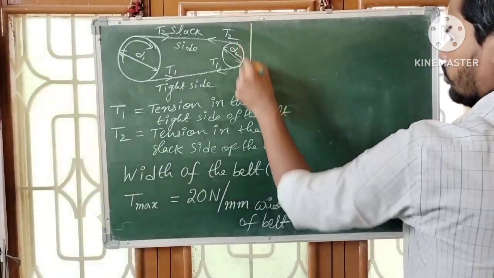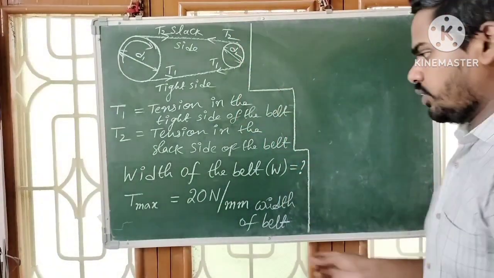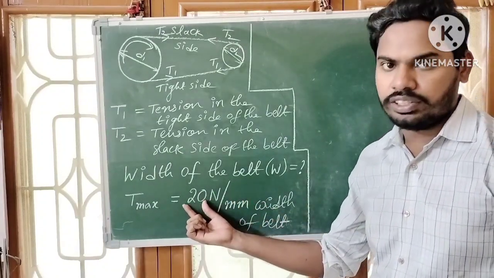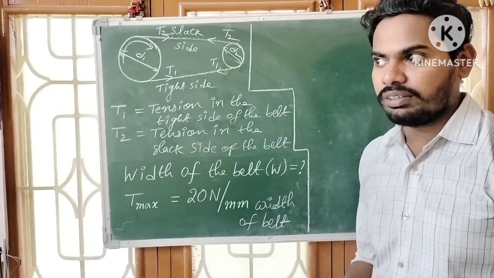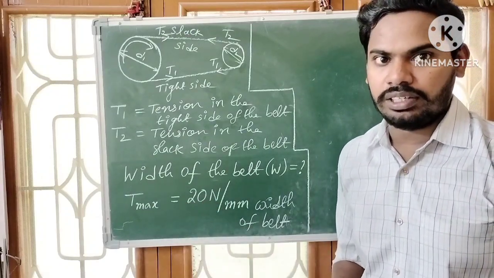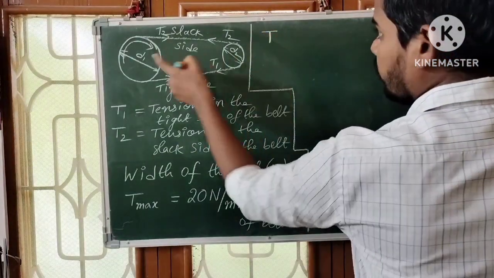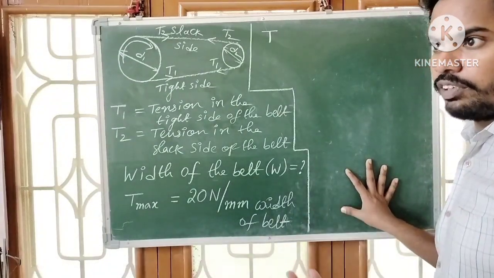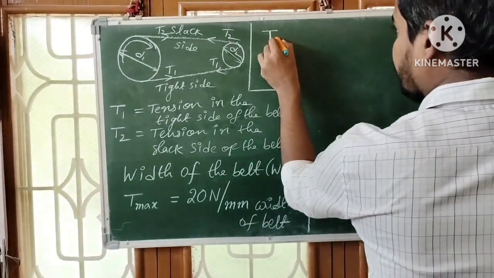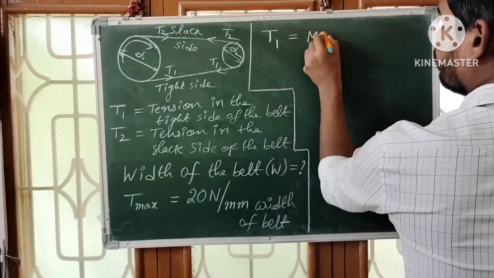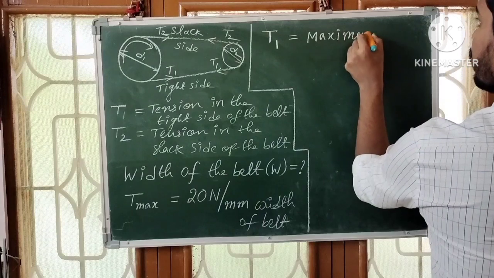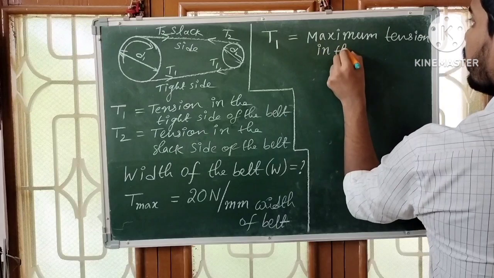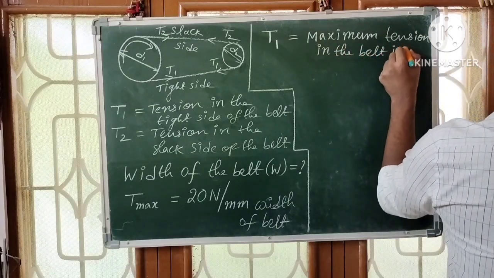Now, we know that per mm width of belt the maximum tension is 20 newtons. Here we don't know what the maximum tension in the belt is. In case of a flat belt drive, if centrifugal tension is negligible, then T1 is the maximum tension in the belt in newtons.